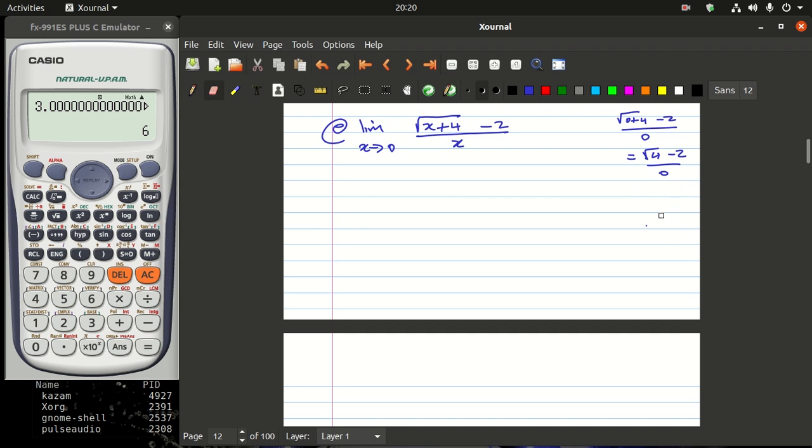So what is the first thing that you need to do when you have 0 over 0 at that particular point? I said the first thing that you need to do is factorize. Why are we factorizing? Because we have a 0, and the 0 is associated with this x.